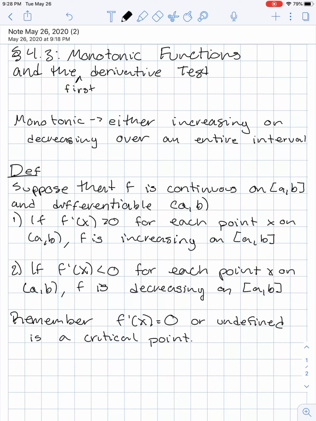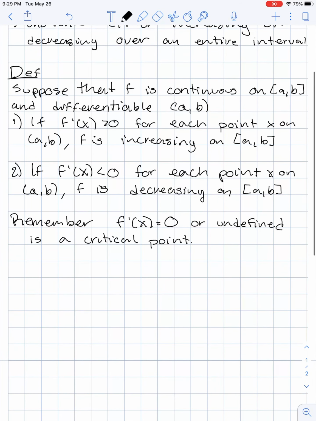Alrighty, so let's work through an example.